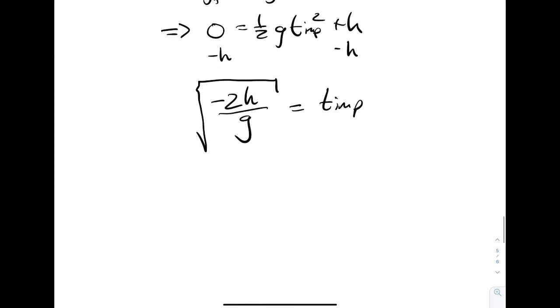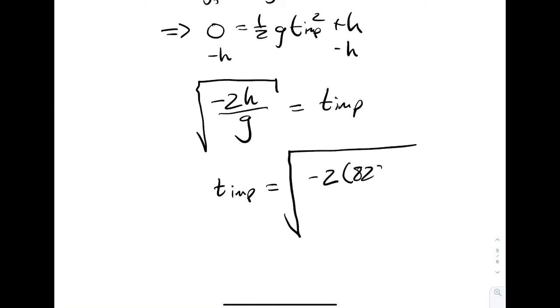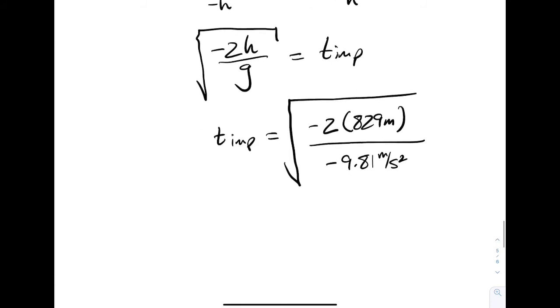Now we're going to go ahead and substitute the values and solve the problem. So we have the square root of negative 2, h was 829 meters, divided by g was negative 9.81 meters per second squared. And this tells us then, if we were to punch it into the calculator, that we would be airborne. It would take 169 seconds for that crate to hit the ground.